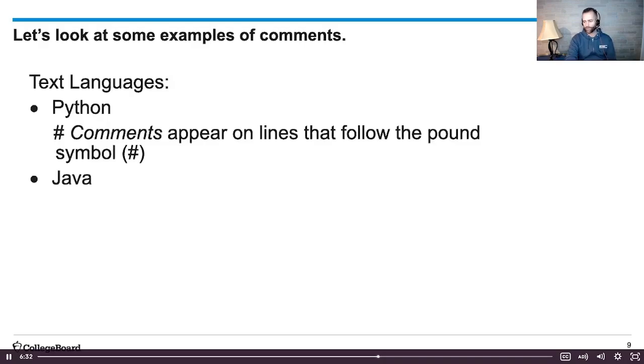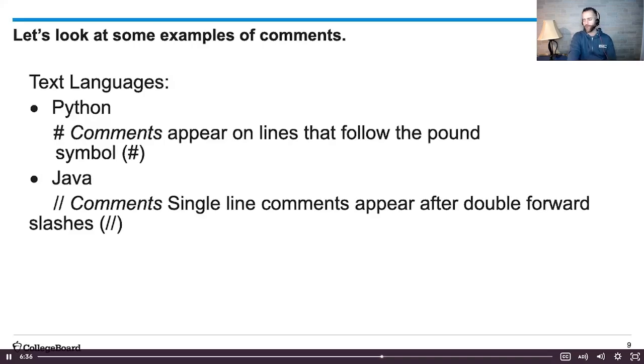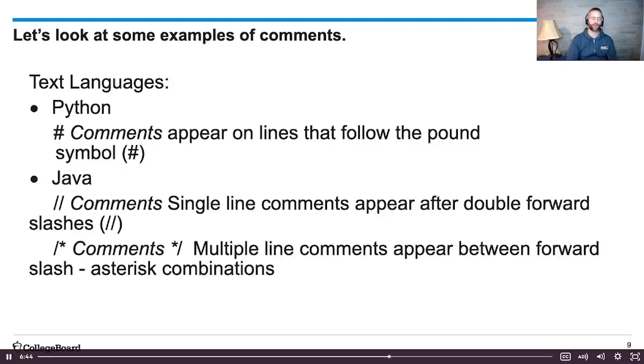Okay, what about Java, right? Another really common language. So there are 3 different ways we can comment in Java. We can use comments on a single line that follow double forward slashes. You can use comments that extend on multiple lines. So multiple line comments appear between forward slash asterisk combinations. So you can see comments would appear in that way, all right?